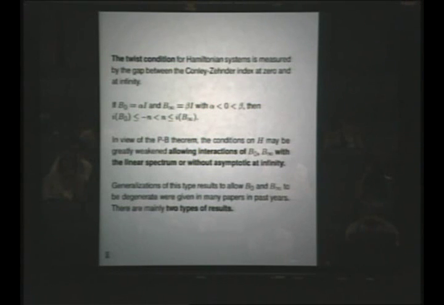I view the Poincaré-Birkhoff theorem based on H, actually, in the last 20 some years, and to allow B naught and B infinity to be degenerate. Here I just want to mention that in the literature there are also mainly these two types of result.